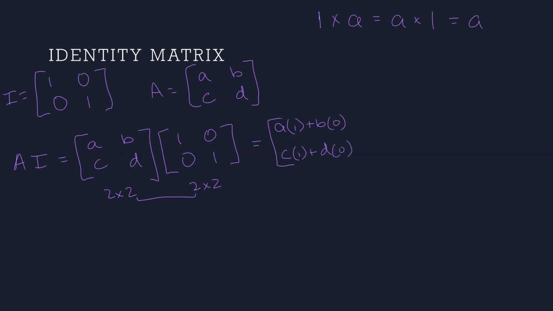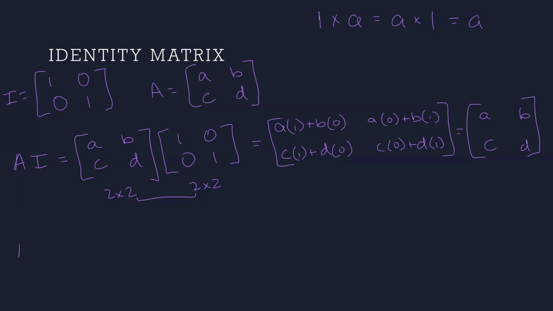Moving over to the first row by this second column, A times 0 plus B times 1. And then second row, dotted with the second column is C times 0 plus D times 1. Simplifying those, I still get A, B, C, and D. So I get matrix A back.